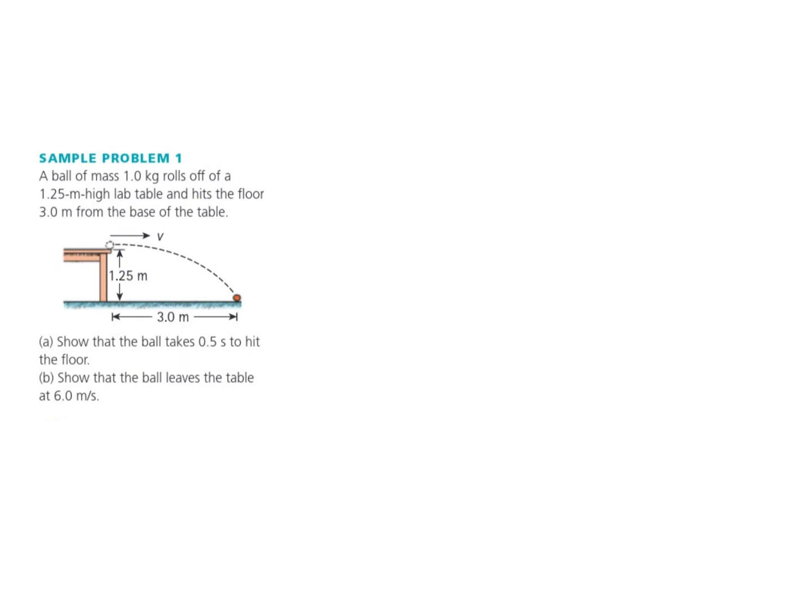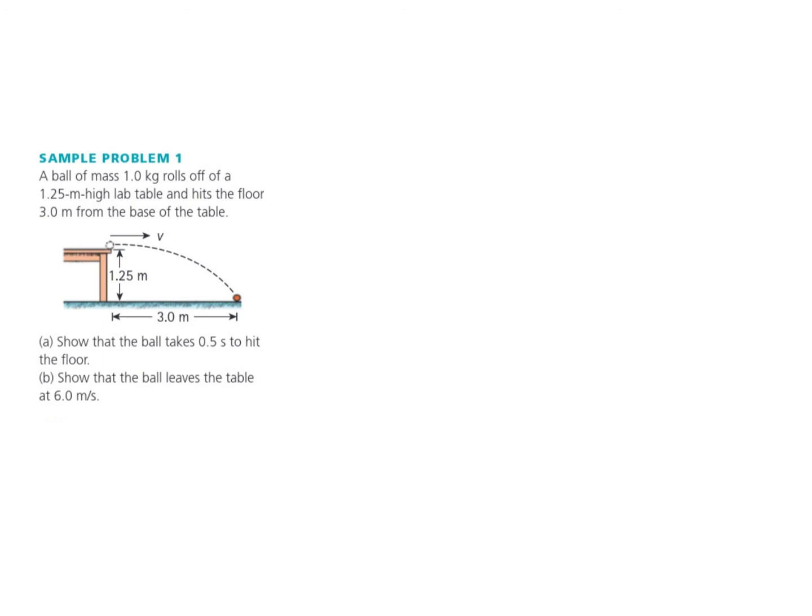Well, that's pretty easy to do, actually, because here's the thing you have to remember. When you have projectile motion, the side-to-side motion and the up and down motion are completely independent of one another. That means you can use the formulas you know for the up and down motion separate from the formulas you know for the left-to-right motion. So what's the formula we know for the distance something falls and how long it takes to fall?